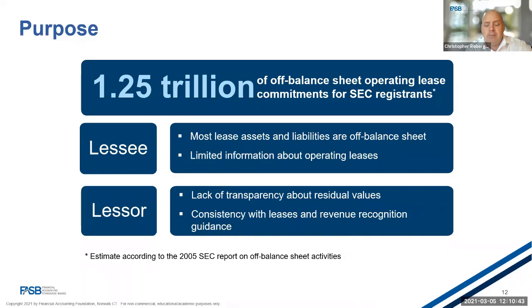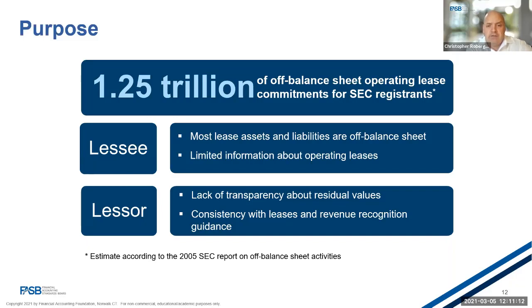The biggest change to lessee accounting is that operating leases are now recognized on a lessee's balance sheet as lease liabilities and right of use assets. I'll refer to those as ROU. Whereas under the previous guidance in Topic 840, lessees were required just to provide disclosures for their operating leases.